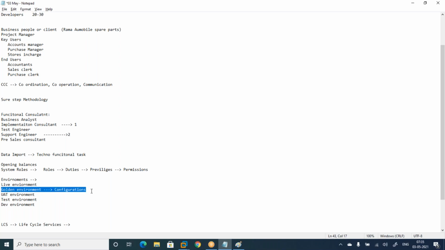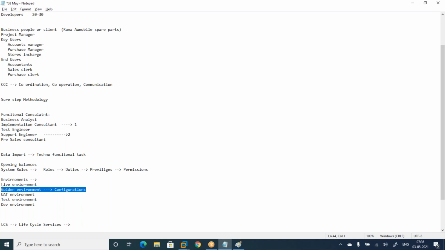But some clients may not maintain one environment for this. They will make a document, a kind of golden document, and they will keep the document in a very secured manner. Whenever they are changing, they will update the document and then change the live environment. If the company has the funds available to maintain one golden environment, yes, it is possible.